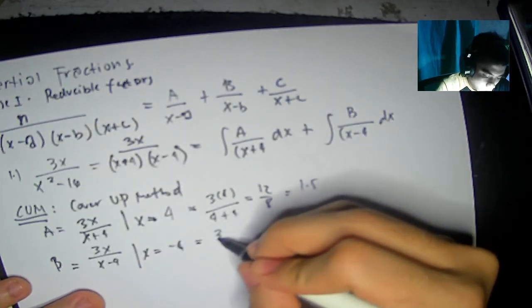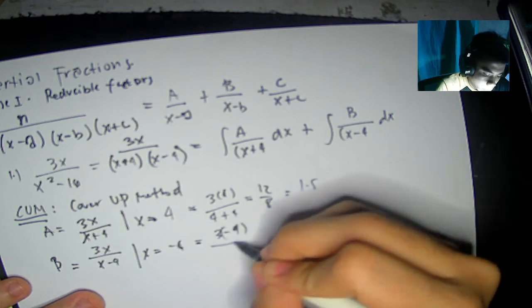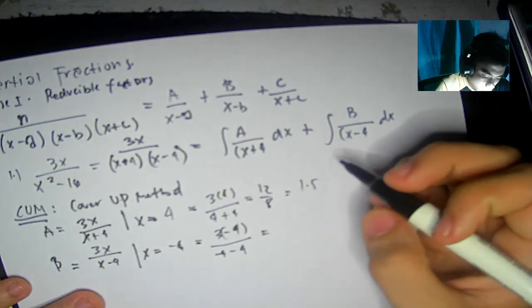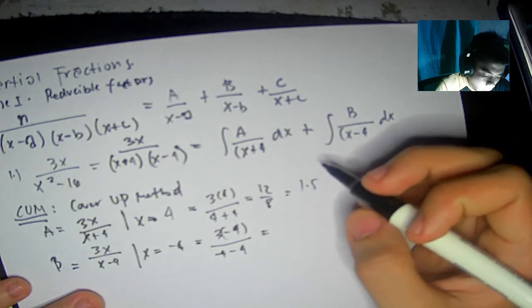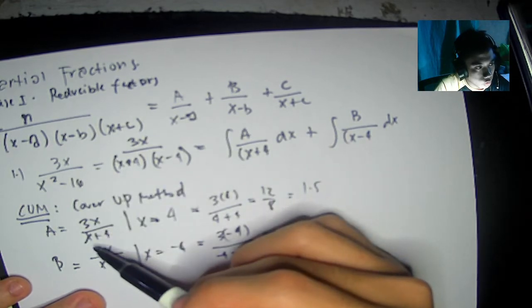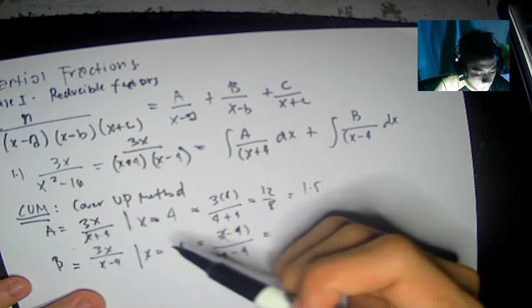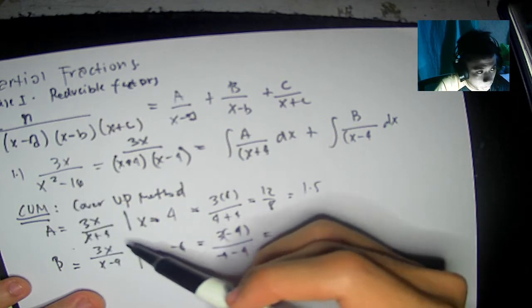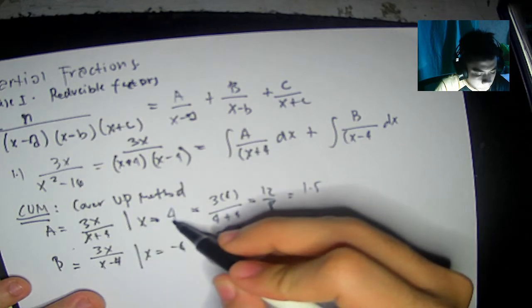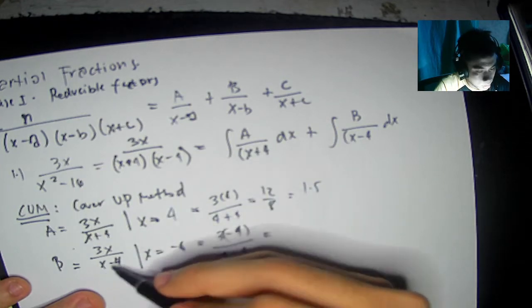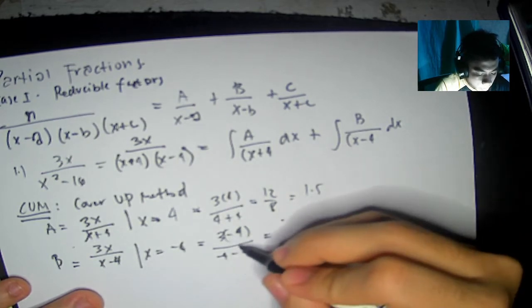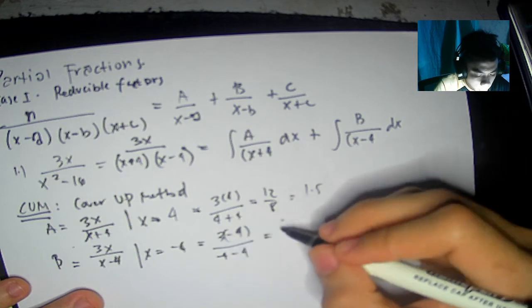Here is 3 times negative 4 over negative 4 minus 4. We have negative 4 for B because when you replace x with the value that zeroes the other factor, it becomes 0 there. Same here.